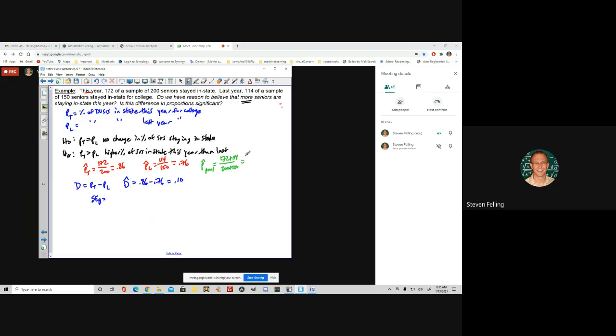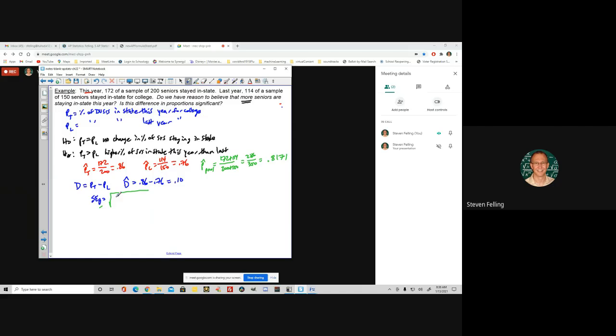So that's going to be 172 plus 114, which is 286, over the total of 350. 286 out of 350 is 0.8171, okay? And so I'm going to use the pooled version here, which means I'm going to take the square root.